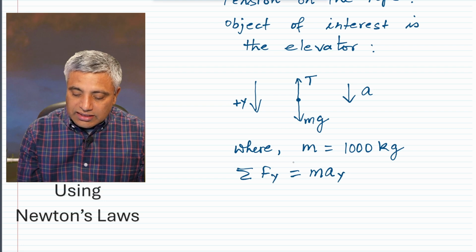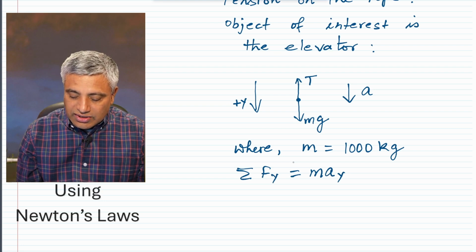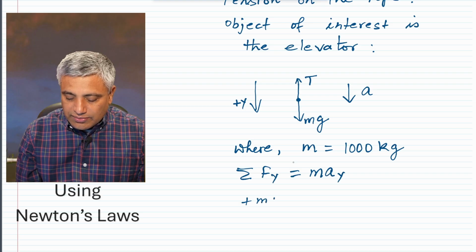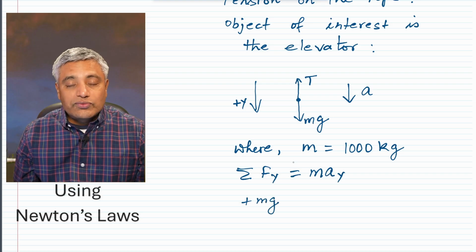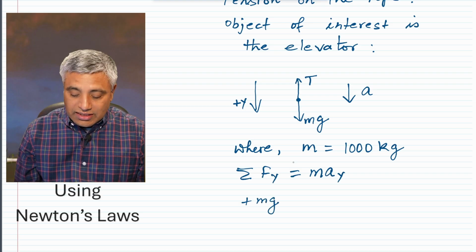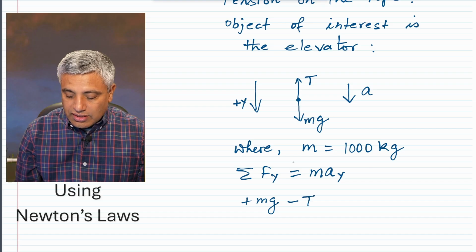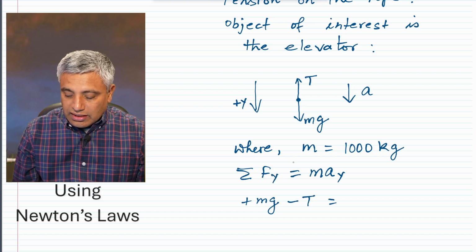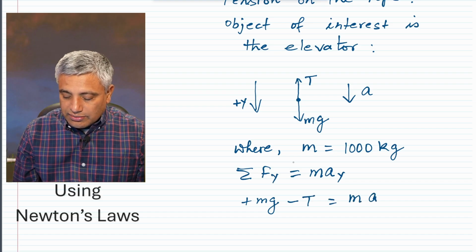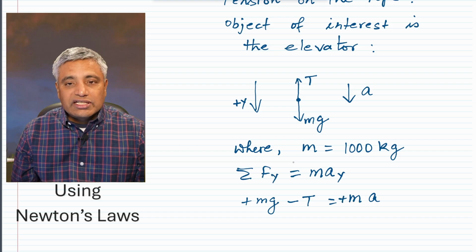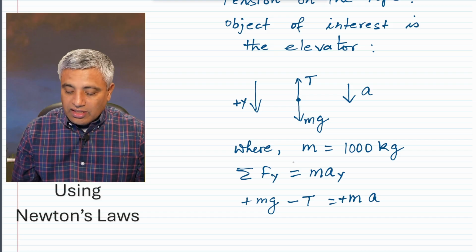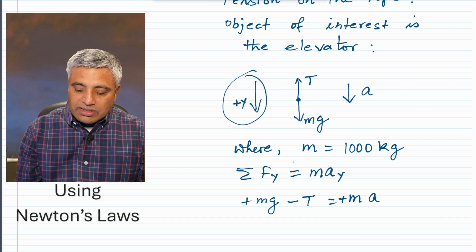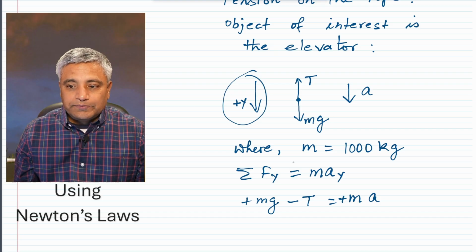Sum of forces, sum of tension and mg. In this case mg is positive because we are choosing down as positive. So tension is going to be negative, and that is equal to mass times acceleration, and this time acceleration is positive because we are choosing down as positive.